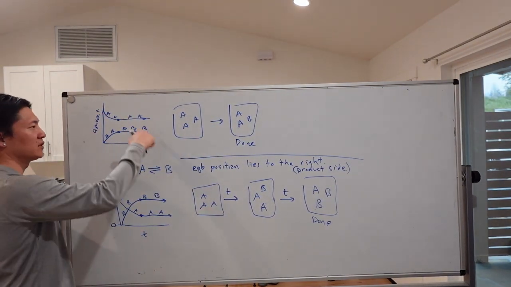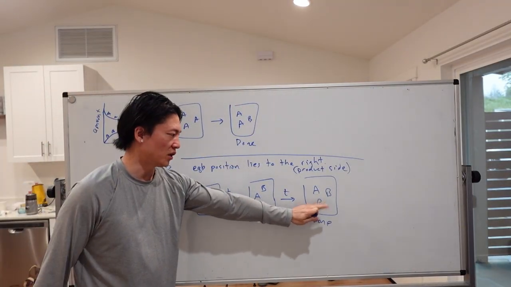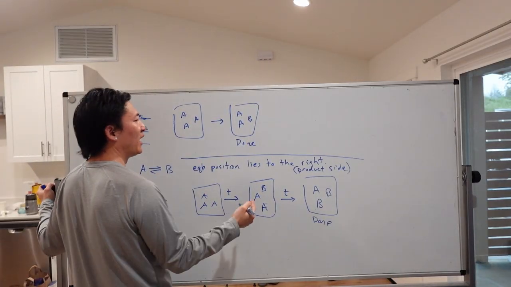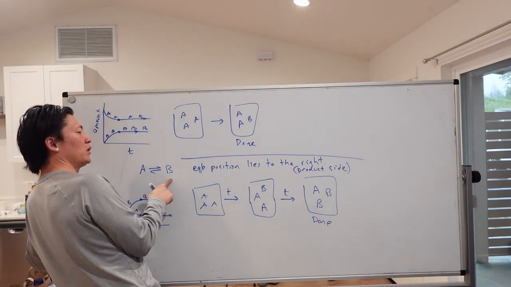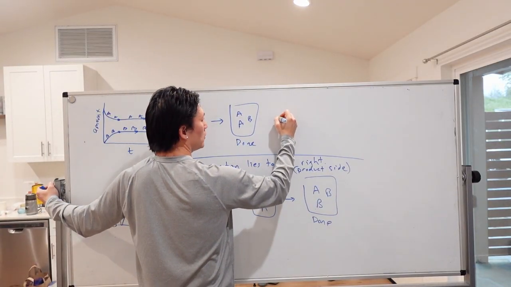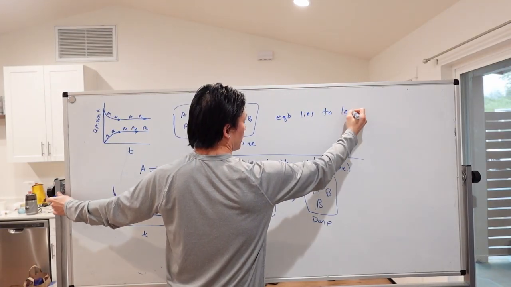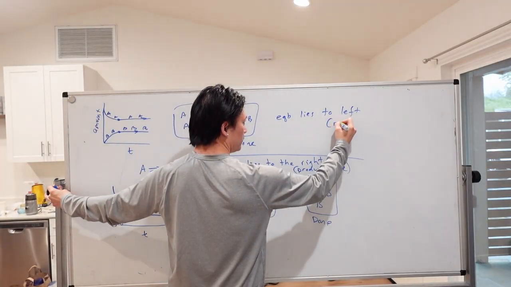So there's more A's than B's is what I'm trying to say here. Down here is a little bit different. When it's done, there's more B's than A's. So up here, the equilibrium position lies to the left, which is the reactant side. So this is the equation: equilibrium lies to the left, or reactant side.